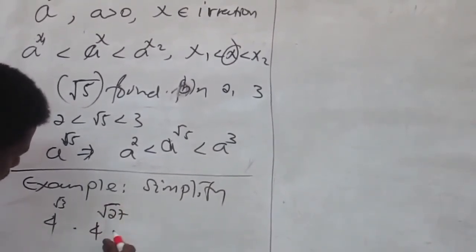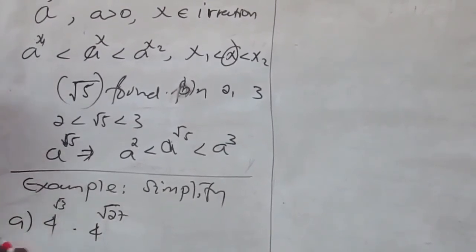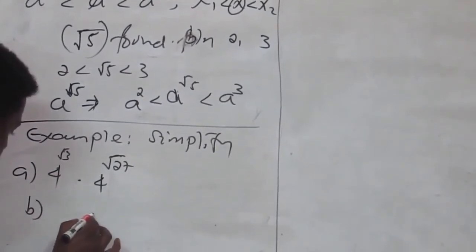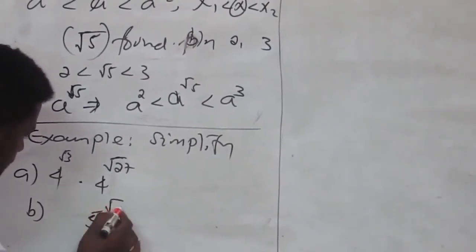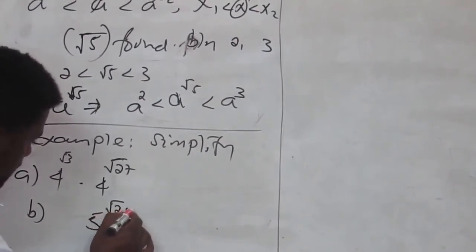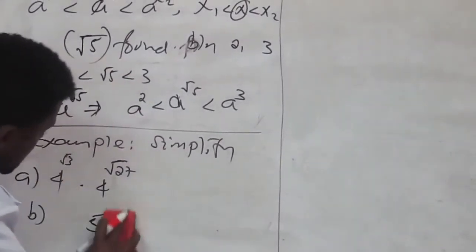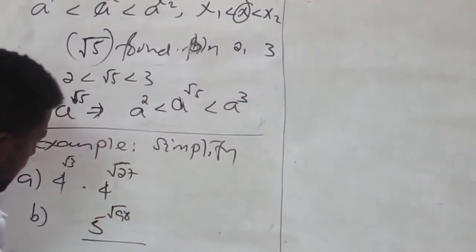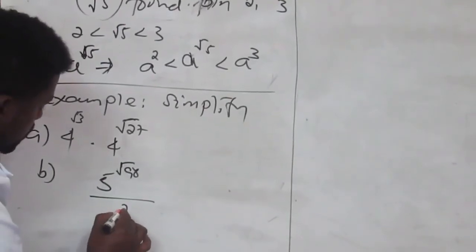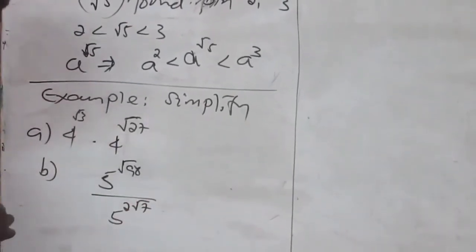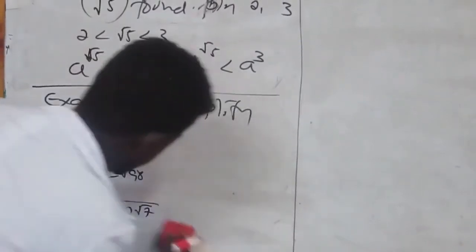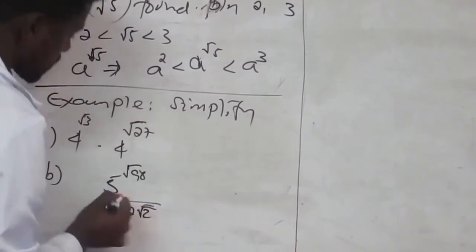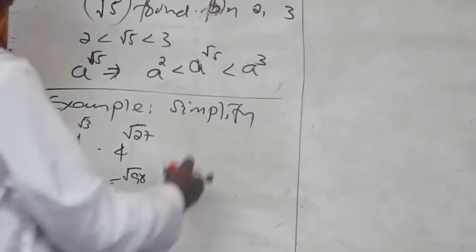For B, find 5 to the power of radical 98 divided by 5 to the power of 2 radical 2. So to solve this one, let me start with A.